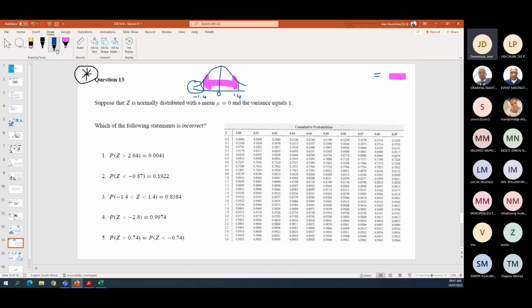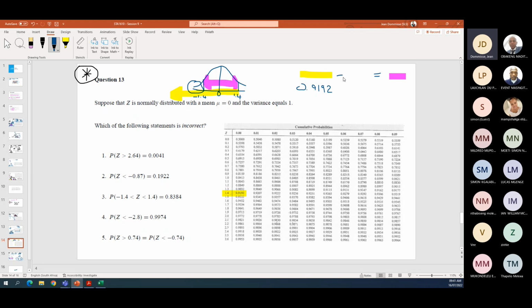So from the positive table, and we'll get to that here, I will work out what is my answer for this whole area to the left of 1.4. So there I see it is 0.9192.